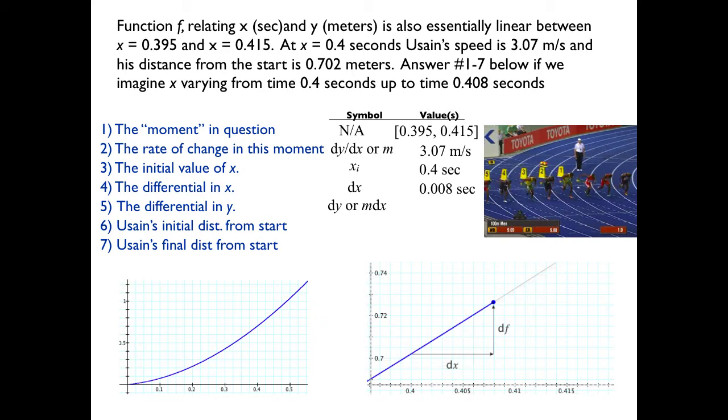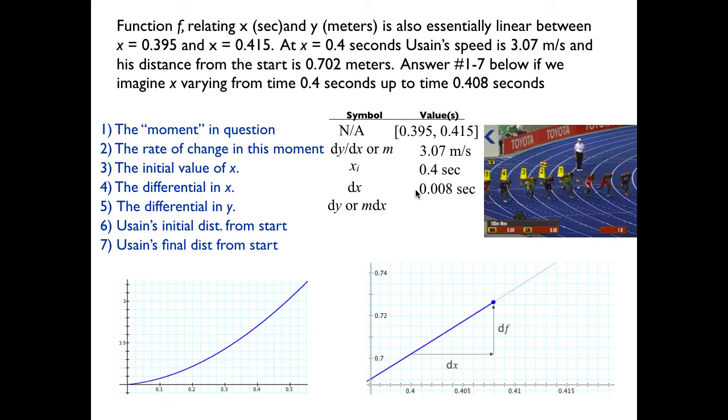So we could write it as a multiplication problem, for, let's see, 3.07 meters per second for 8 thousandths of a second. So it's not going to be a lot of meters, but this 3.07 meters per second is a constant rate of change, not forever, but within a small moment of time, and certainly within this 8 thousandths of a second, it seems like a reasonable estimate based on, well, what we were told.